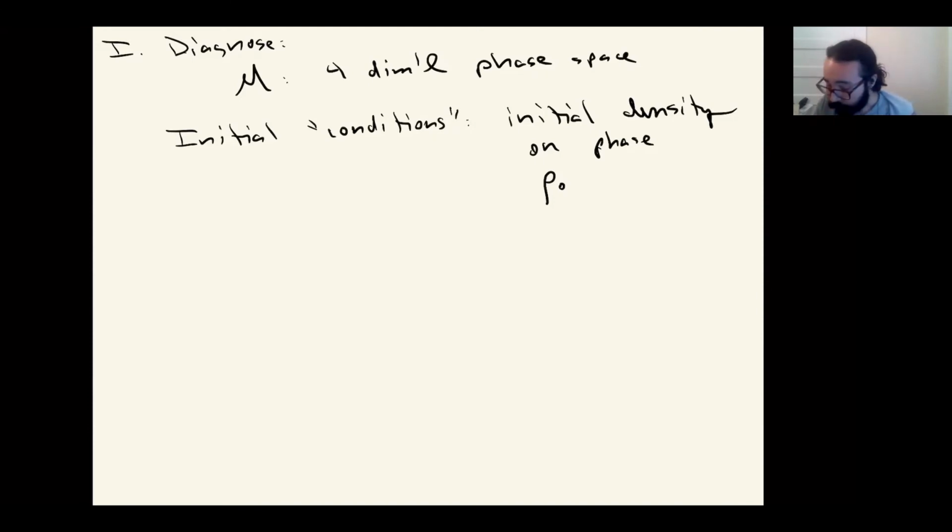And so for notation, I'll just call the region S naught in M, the support of rho naught.